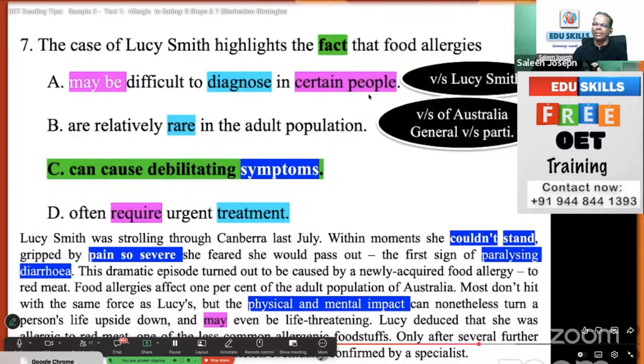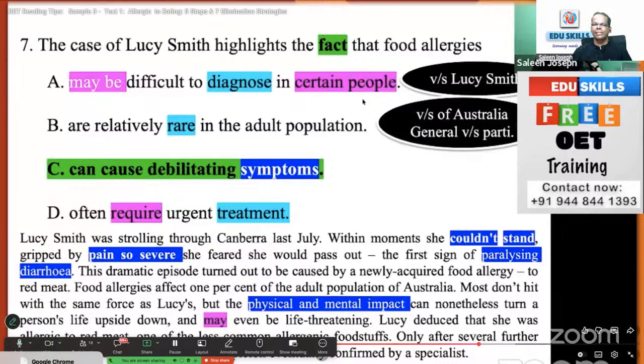So for the first option, I'm speaking from three different angles: the hedging words, the concept differentiating, and the modal verb. The first option speaks about certain people, but we are bothered only about the case of Lucy Smith.